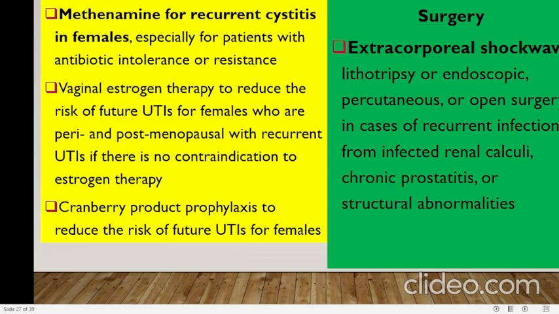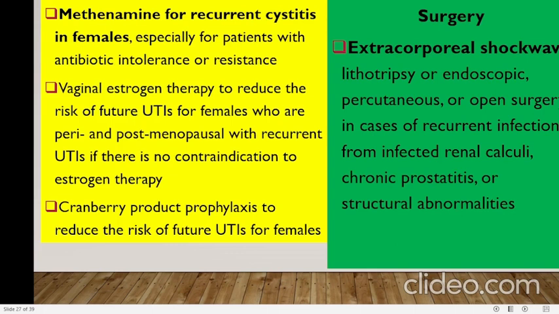Vaginal estrogen therapy to reduce the risk of future UTIs for females who are peri- and post-menopausal with recurrent UTIs if there is no contraindication to estrogen therapy. We have cranberry product prophylaxis to reduce the risk for future UTIs. Okay?